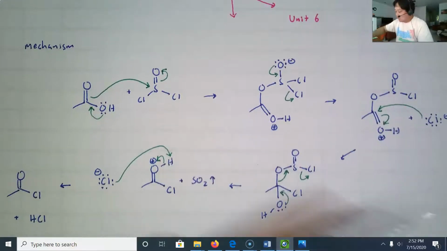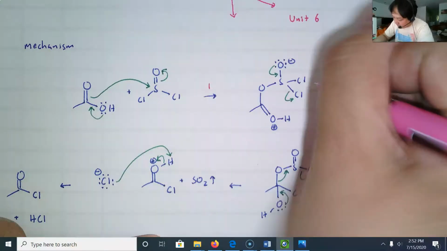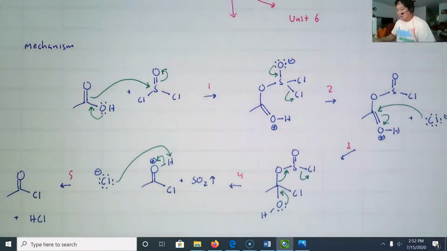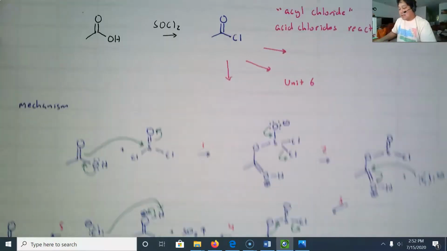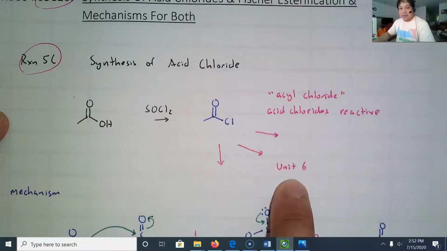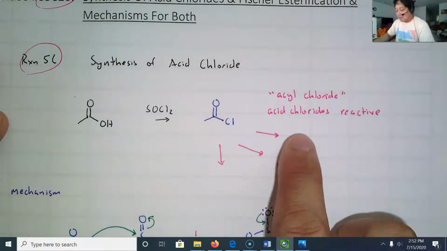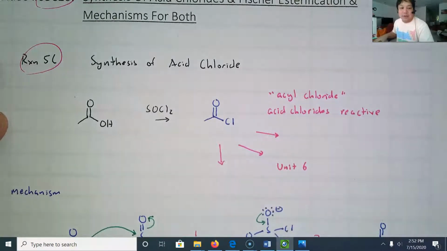It is 1, 2, 3, 4 steps. That's all I want to talk about in terms of acid chlorides. Just keep in mind when we get to Unit 6 that acid chlorides are very reactive and very versatile, and we're going to see the types of molecules we'll get in that Unit 6.